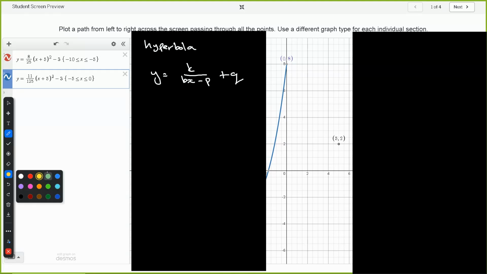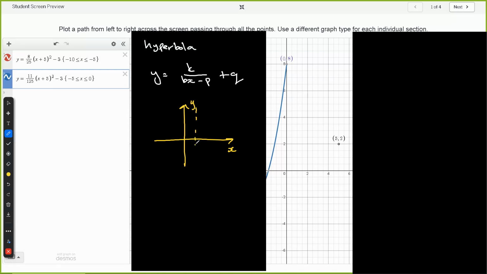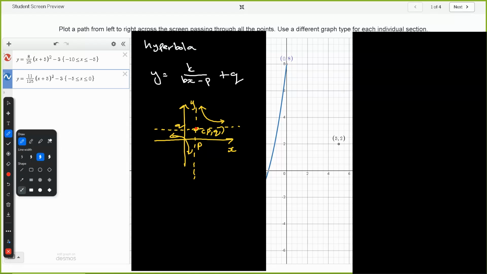Now, on a hyperbola, with a y-axis and an x-axis, a vertical dotted line running around here will be my p-value, and a horizontal dotted line running across will be my q-value, and so that will be the central point (p, q), where my asymptotes meet.